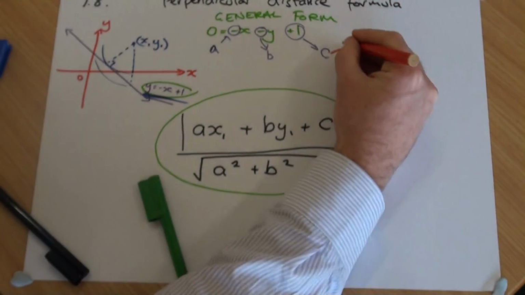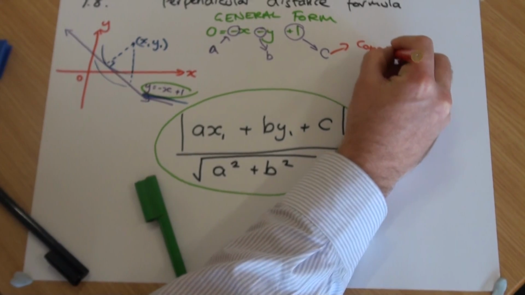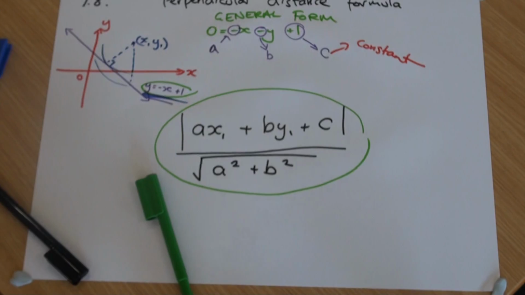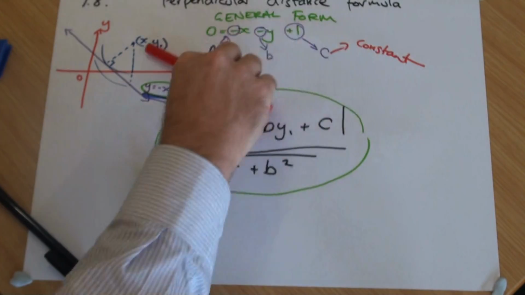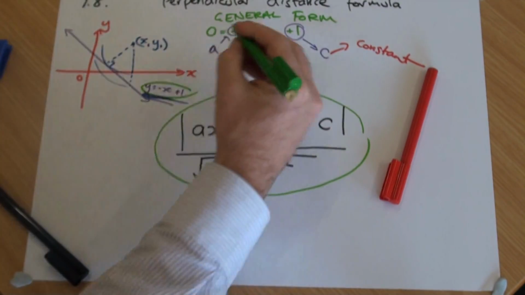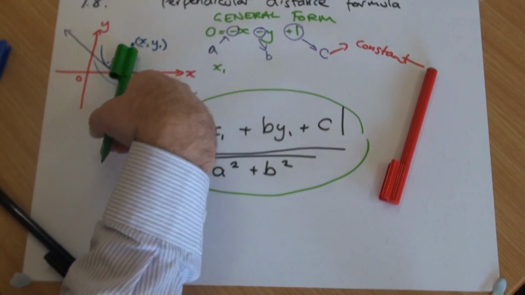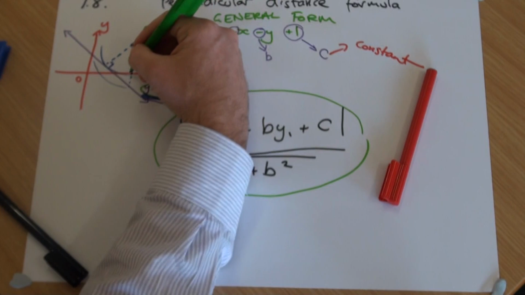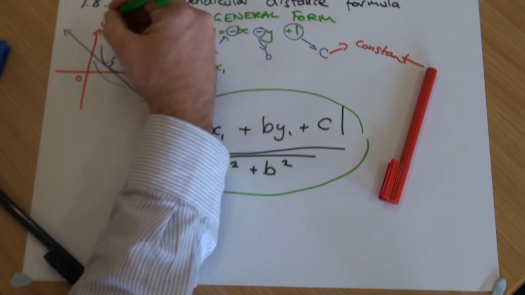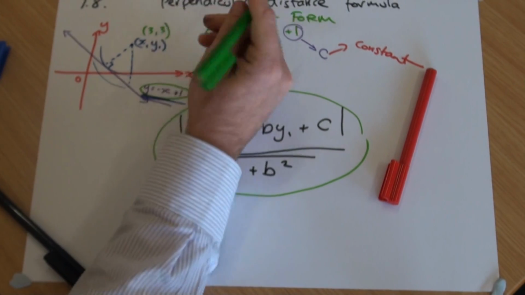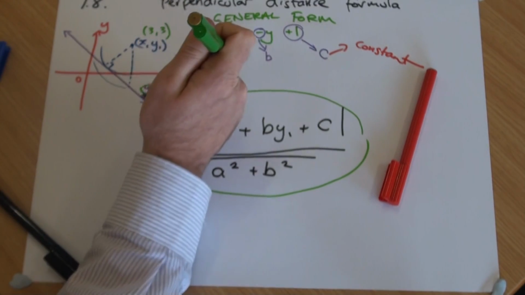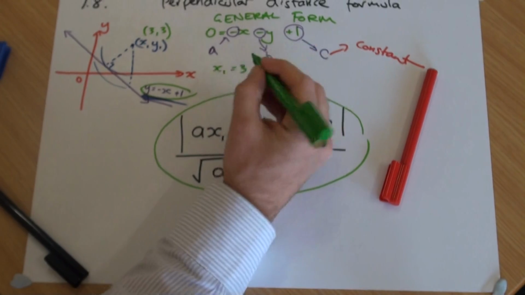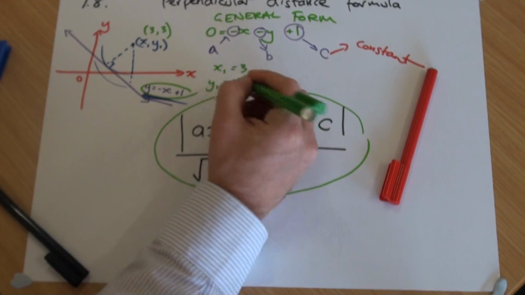Then we need to write down that our x1 equals whatever this is. So say this point could be 3, 3. How far away by perpendicular is 3, 3 from that line? So x1 equals 3, y1 equals 3.